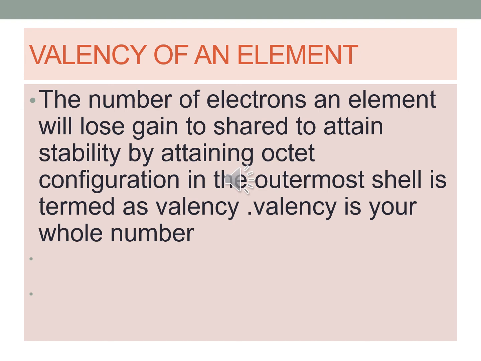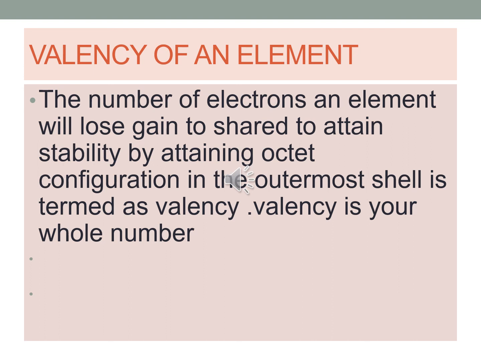The electrons are 2, 6. The outermost shell L has 6 electrons. It can lose 6 electrons or gain 2 electrons to become stable.